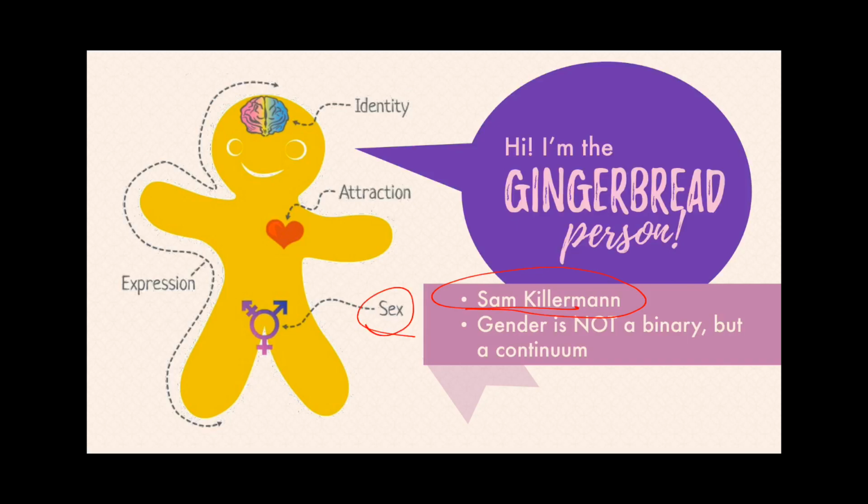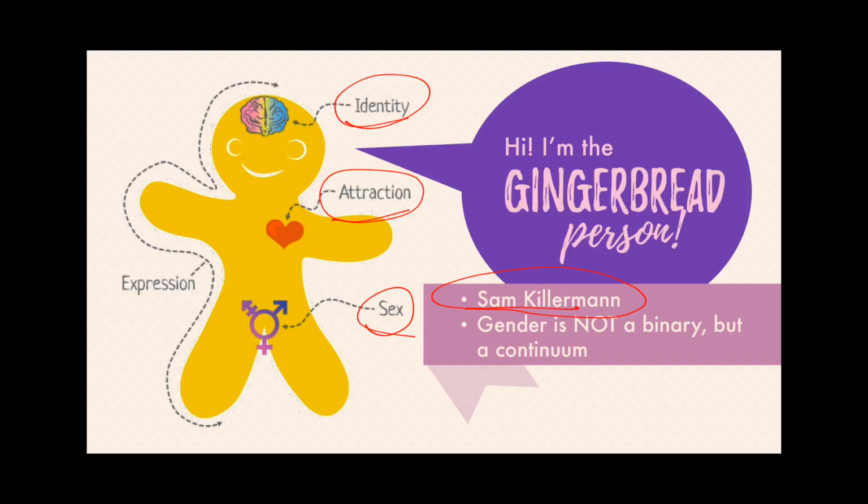And then we also have your gender identity. Your gender identity is the extent to which you believe that you are a man, you are a woman, you are both, or you're neither. And then we also have sexual attraction, which talks about the extent you have sexual or romantic desires with another person, and also the gender and the sex of the person that you're attracted to sexually and romantically, or just romantically, or nothing at all.